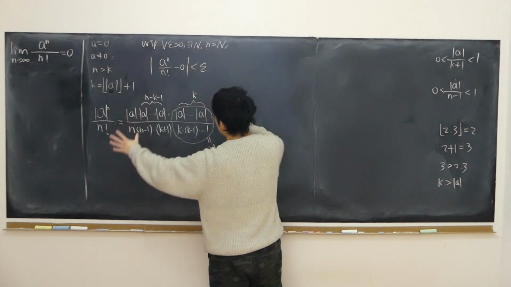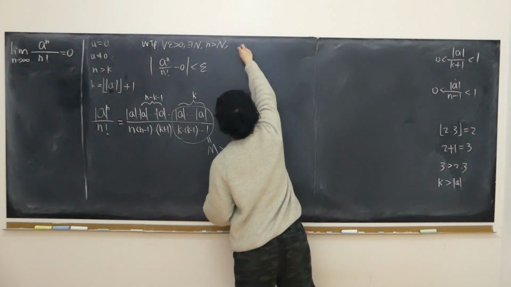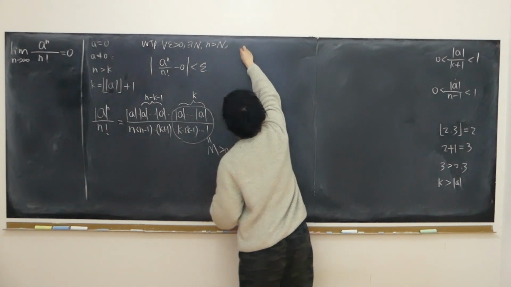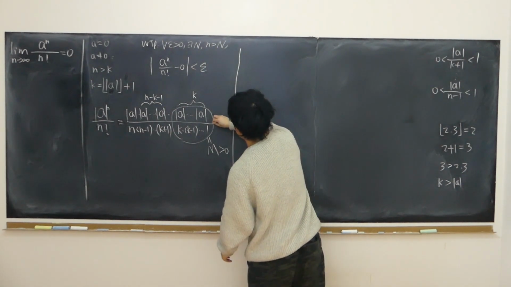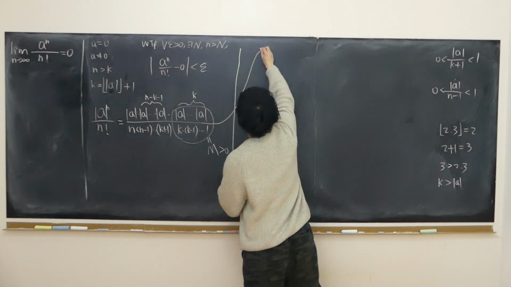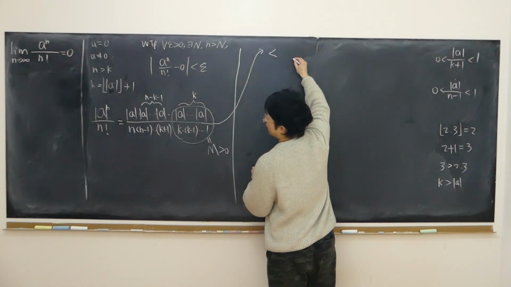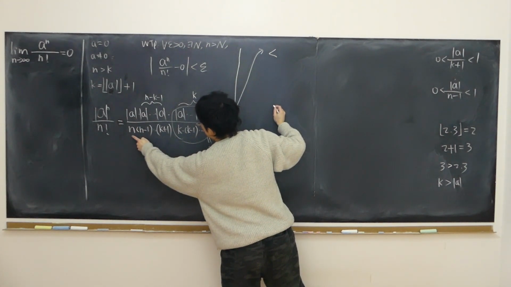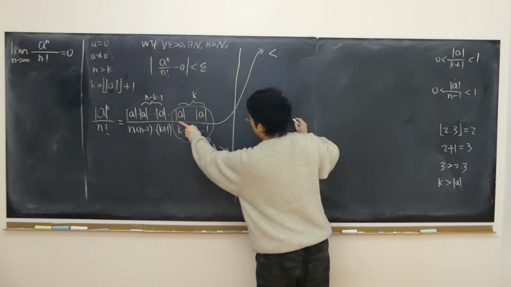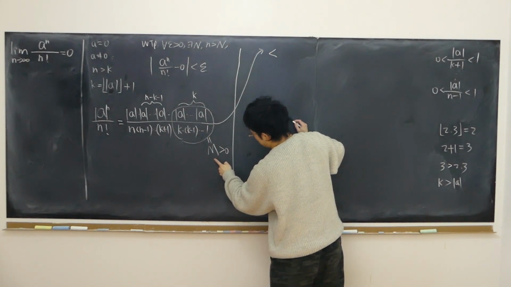So the whole thing is larger. I've loosened it. So this is in fact loosened. But I still have absolute value of a over n. This still remains. And I still have this part, like I said, is a positive constant.